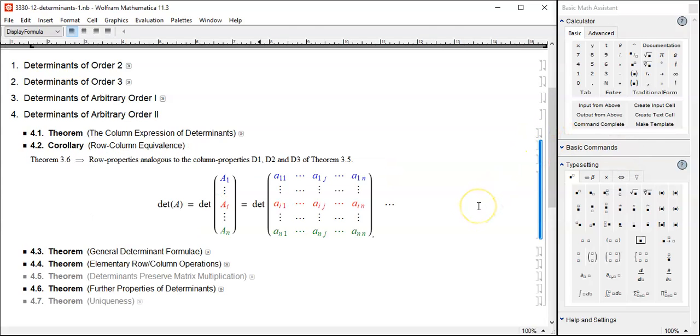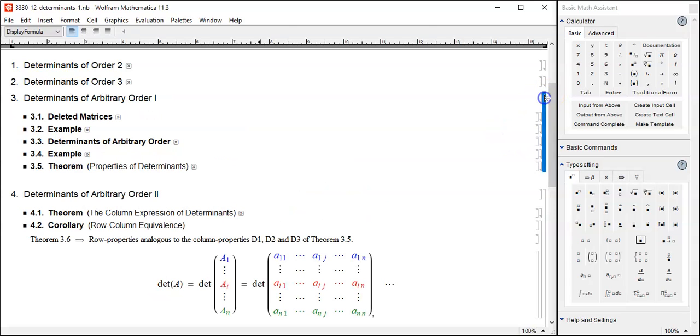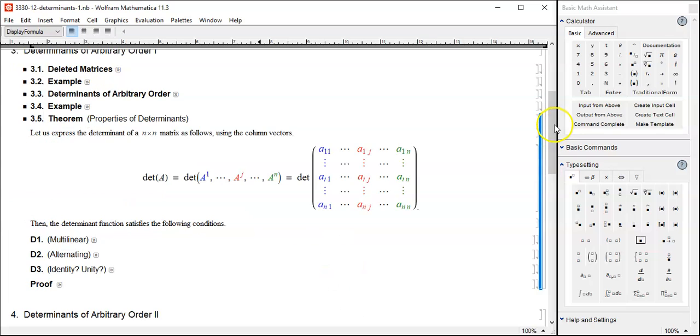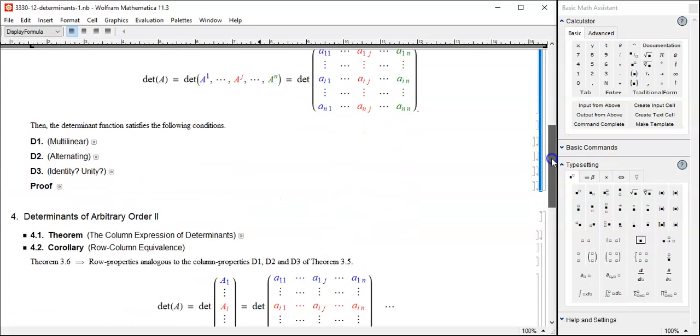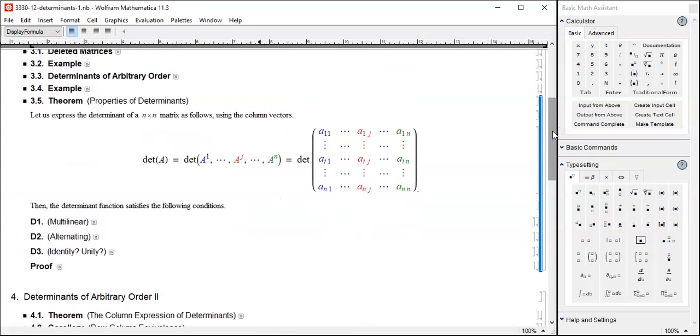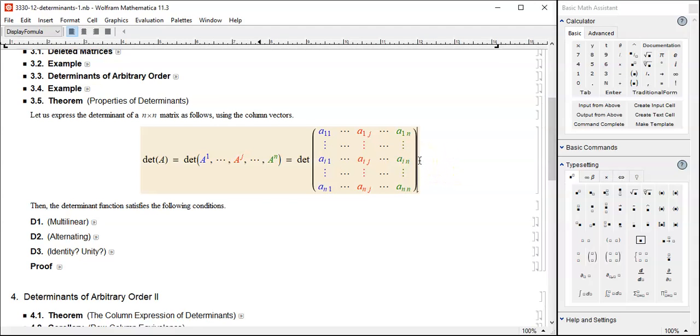And you can use that property to discuss the row version of these fundamental properties of determinants. Here we have n columns, and with respect to columns we have multilinear, alternating, and then the third property, identity.